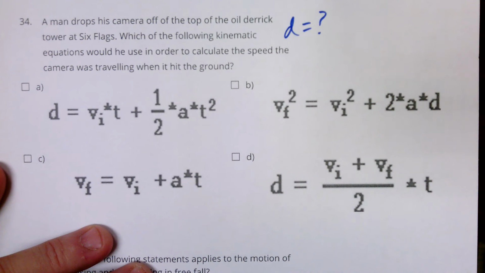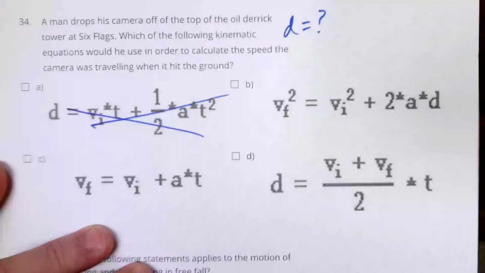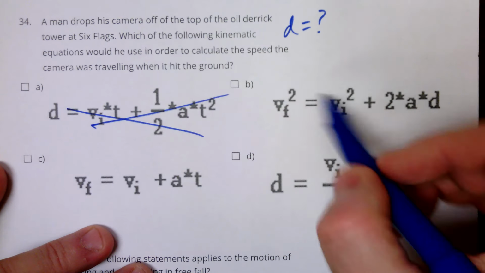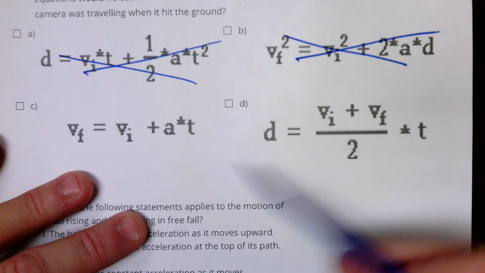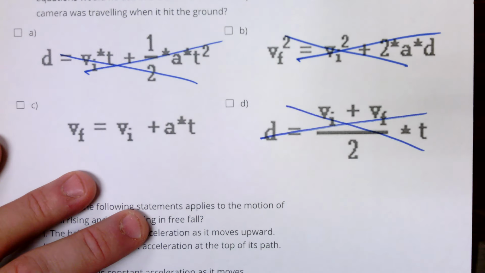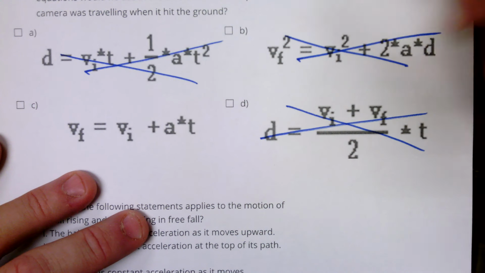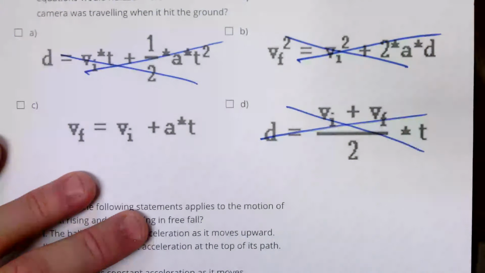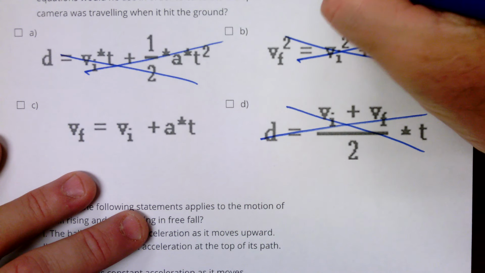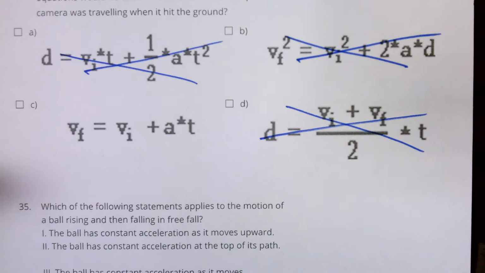So anything that has a D in it is not going to help me. They're not giving us any numbers here. Oh, we have to make an assumption here. I guess they're saying if we did know the distance, which one could we use?